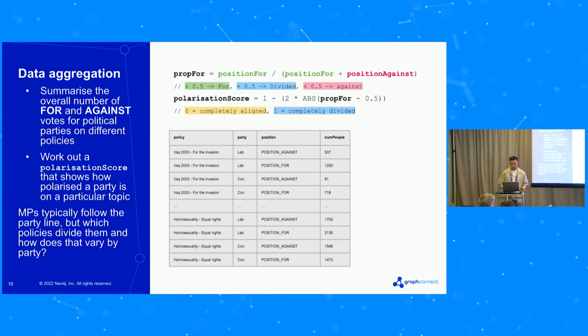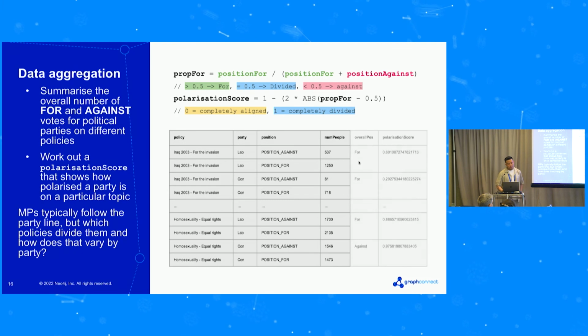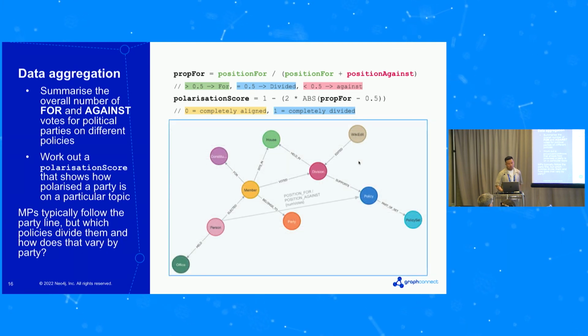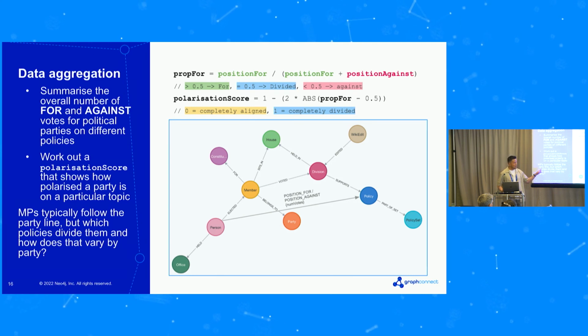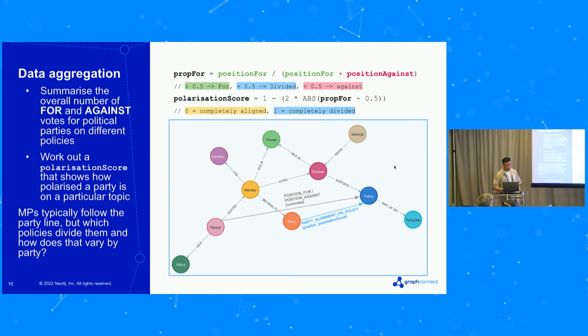Yep, cool. So finally, we can build the relationship at the party level. Previously, we built the relationship between person and the policy. We can also build the relationship called party alignment on policy with their overall position and the polarization score.